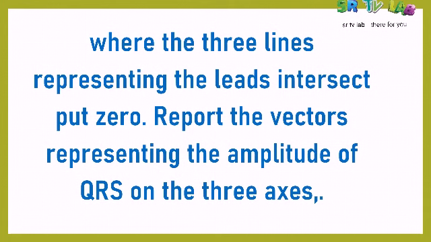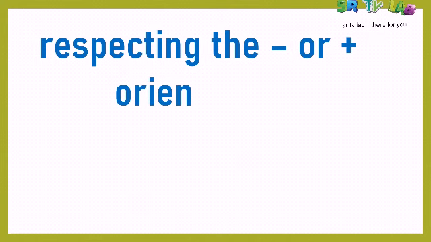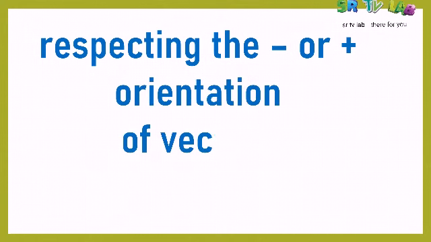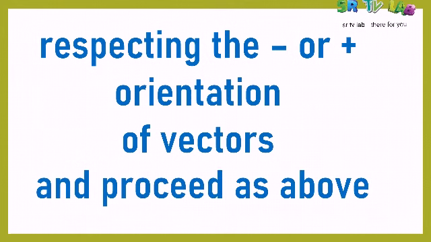Where they intersect, put 0. Then report the vector representing the amplitude of QRS on the 3 axes. Also, as with the bipolar limb leads, you have to respect the negative and positive orientation of the vector and proceed as we have done with the bipolar limb leads.